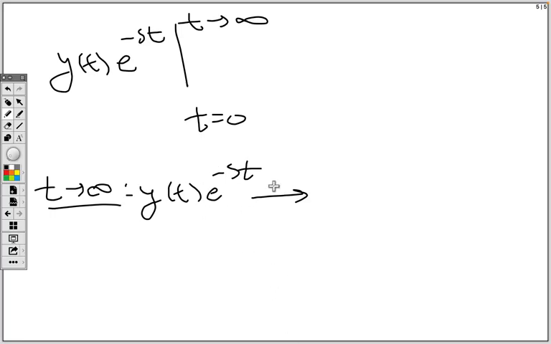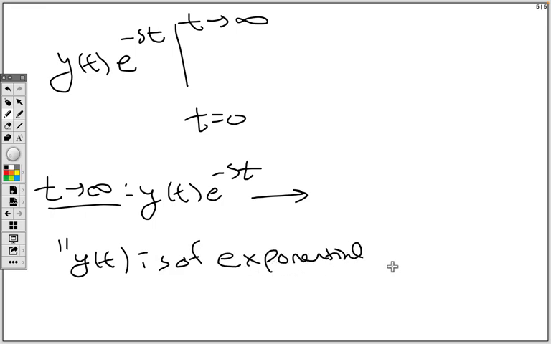we need to have the exponential here be an exponential decay, and it needs to overwhelm the original function y of t. So we say that y of t is of exponential order, which means a decaying exponential will eventually zero it out. Okay? So if you look at all the Laplace transforms we've done, this part of the integral always goes to 0 because eventually the exponential is going to overwhelm it and trounce it.